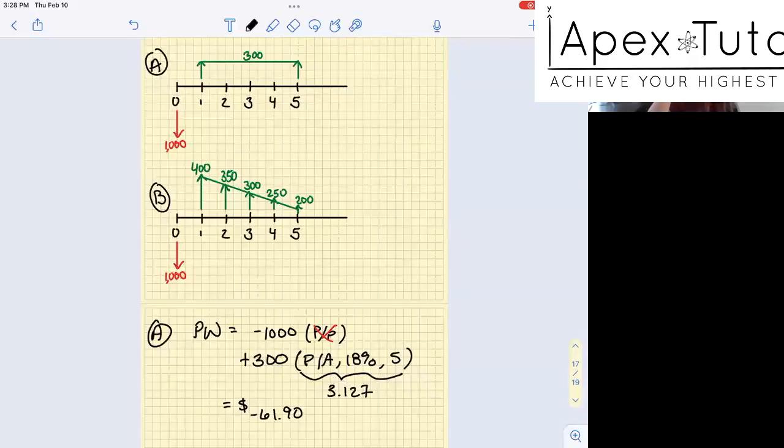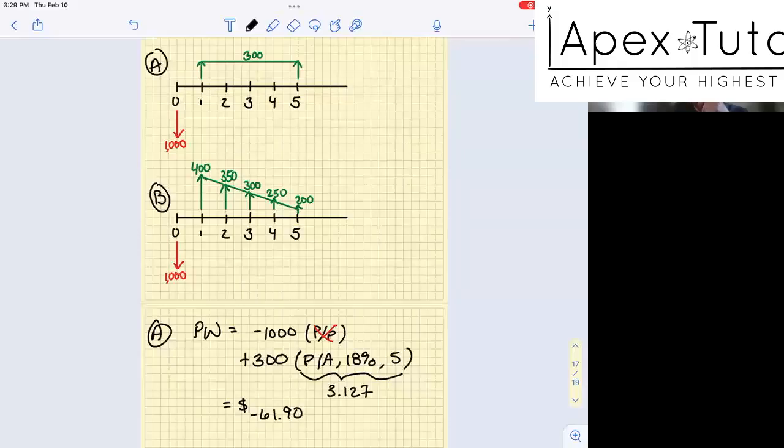Present value means all the way at the end of the 5 years? No, present means today. So present means bring it back to year 0. If it's at year 0, good. If it's not at year 0, you have to convert it and bring it back to year 0.